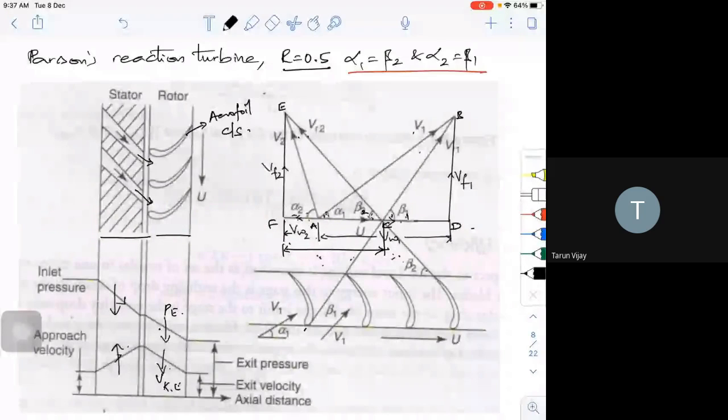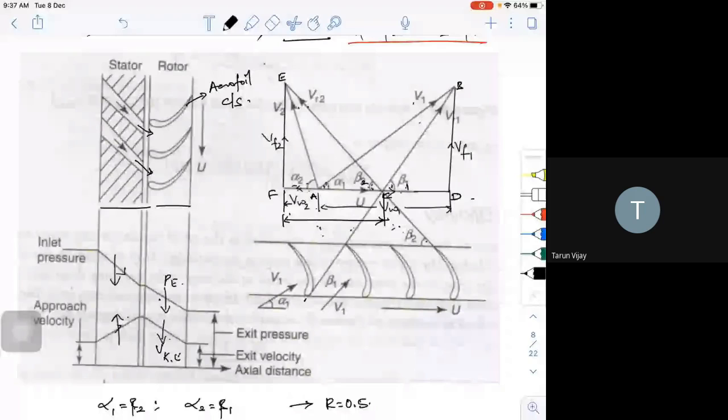Now, construction wise, I am trying to take a single stage reaction machine. That is, it has a stator and a rotor. Now, in a reaction machine, what will happen? Both your pressure energy as well as your kinetic energy get absorbed. But in an impulse machine, only the kinetic energy gets absorbed, your pressure energy remains constant.